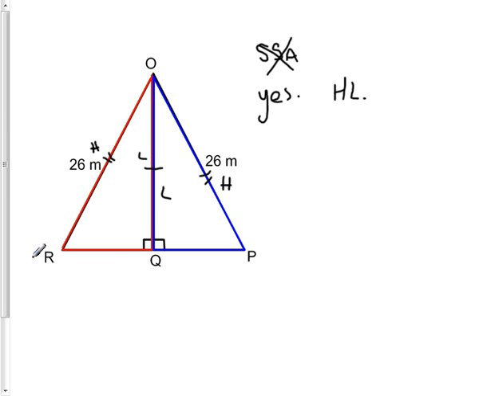I've been doing like RQO. So we'll say triangle RQO. If you randomly chose ROQ, that's okay. Your letters would just be in a different order than what mine will be for the blue triangle. So if I said RQO, then what matches up would be PQO on the other triangle. So triangle RQO is congruent to triangle PQO.